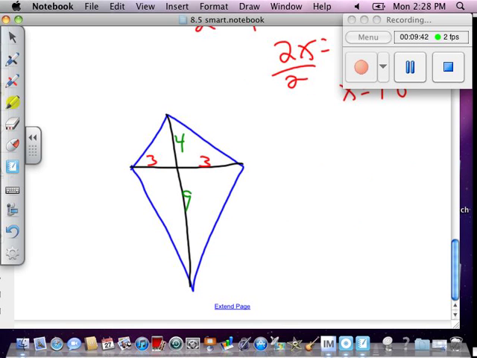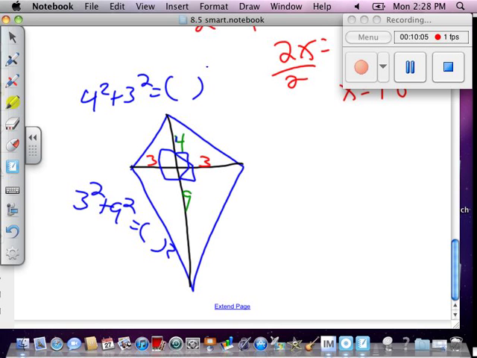Could I find these outside parts? How would you do that? Pythagorean theorem. We know all of these are 90 degrees because it says so. So we go 3 squared plus 9 squared equals this unknown squared. And for up here we go 4 squared plus 3 squared equals this unknown squared.